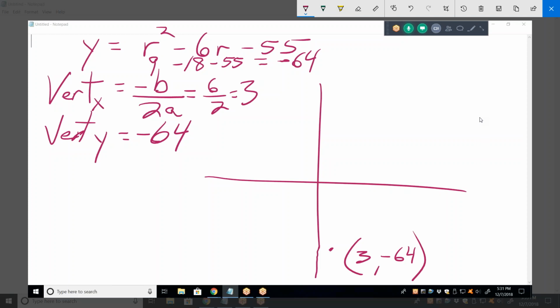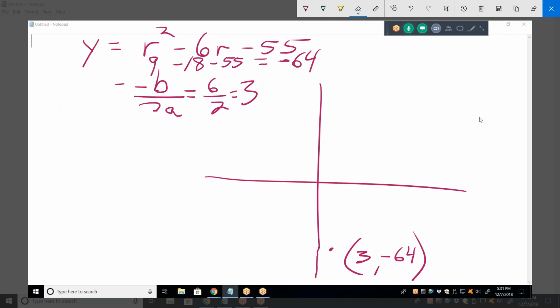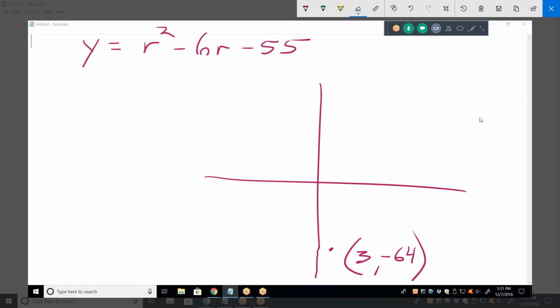But on this one, they don't want the y-intercept, they want the x-intercepts. So what am I going to set equal to 0 if we're looking for the x-intercepts? What is y equal to when you're on the x-axis?